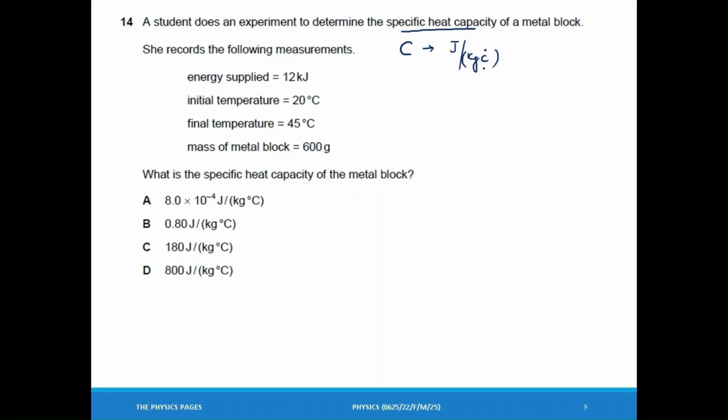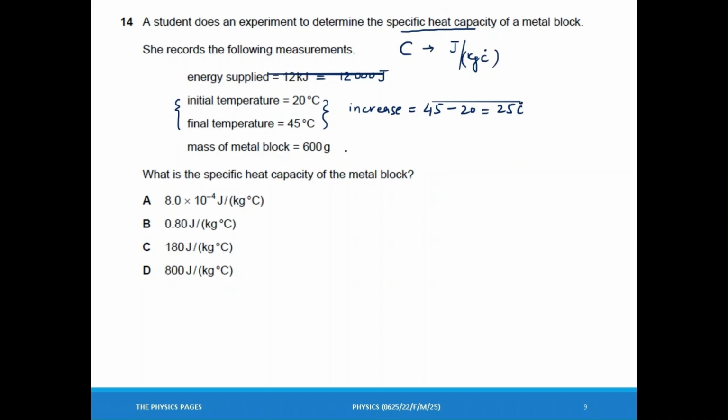Now, what we have is energy supplied, that is 12 kilojoule, and I told you the unit that we need is joule, so 12,000 joule, and the temperature increases from 20 to 45. So the increase in temperature will be 45 minus 20, so you can say 25 degrees Celsius is the increase in temperature.